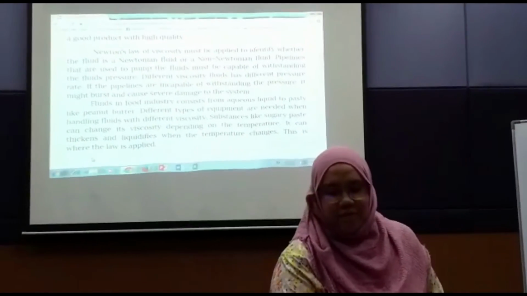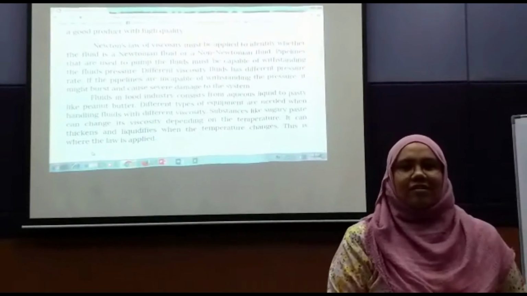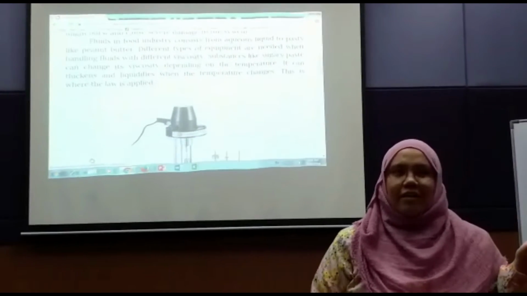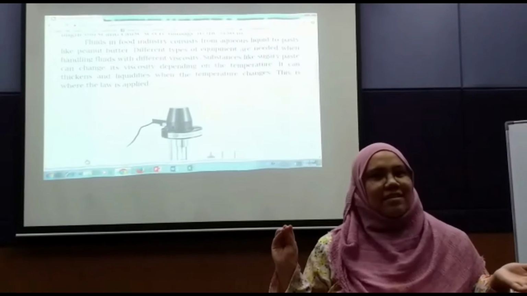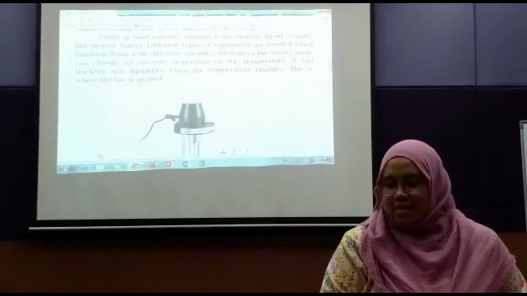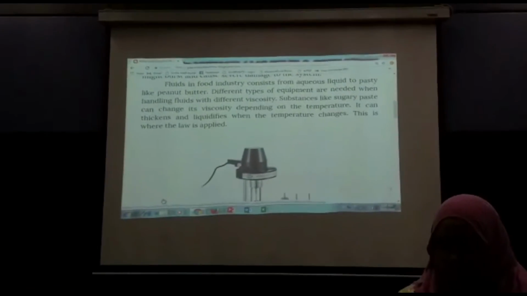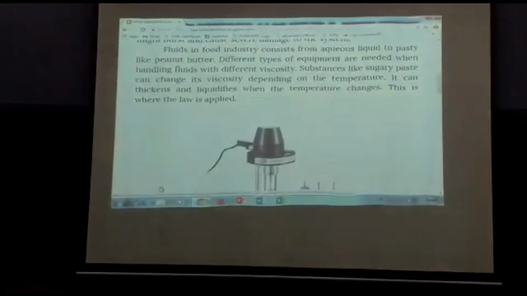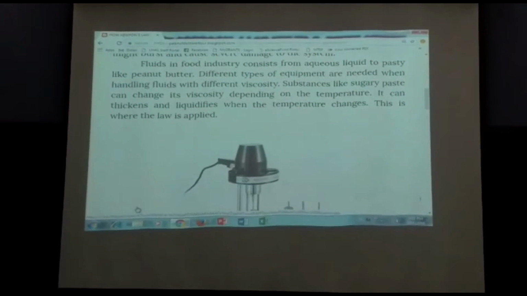Next, fluids in the food industry range from aqueous liquids to pasty liquids. This is why we need to know the exact viscosity, so that we can produce the equipment needed to process them.